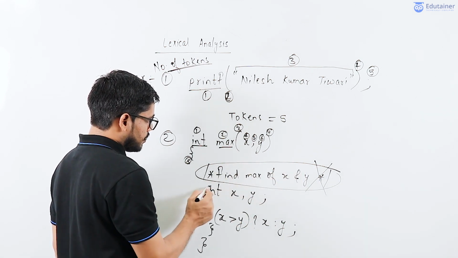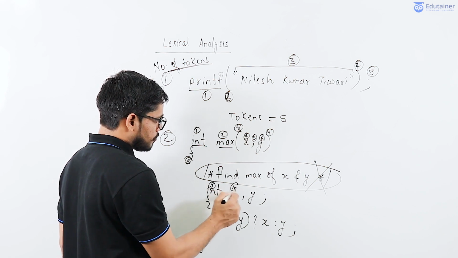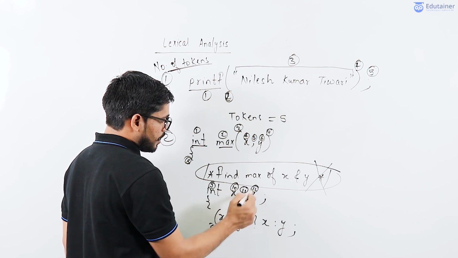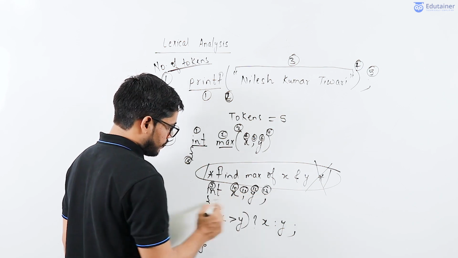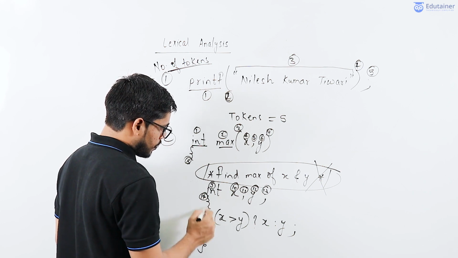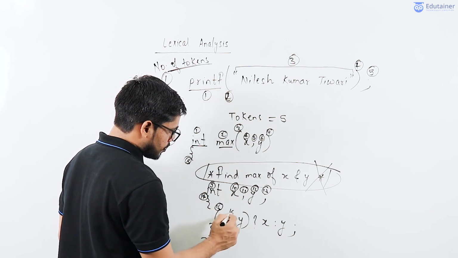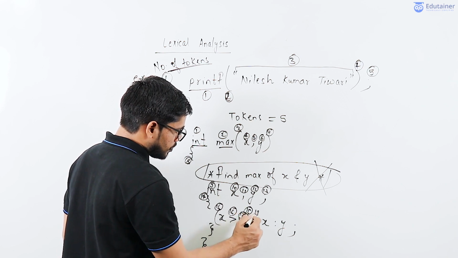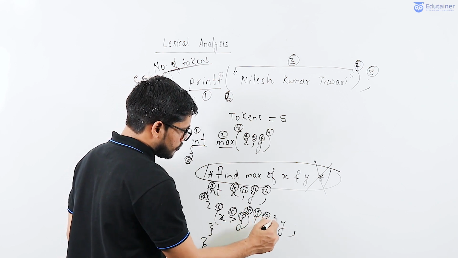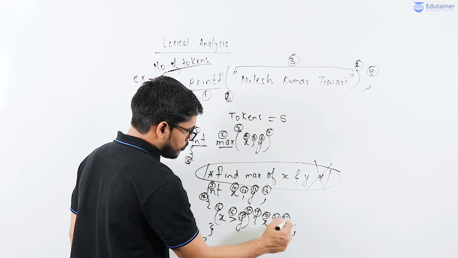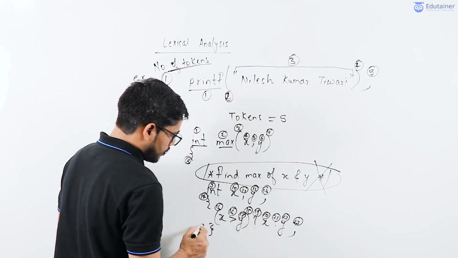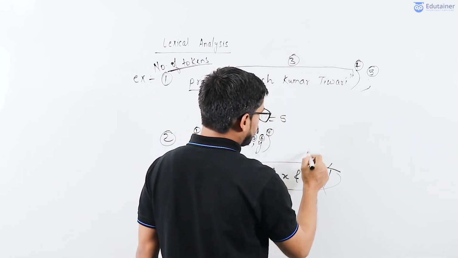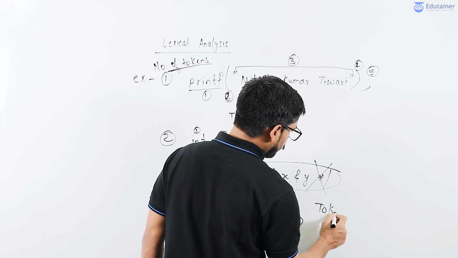After 8 it is 9, 10, comma is 11, y is 12, then 13, 14, 15, 16, 17, 18, 19, 20, 21, 22, 23, 24 and finally 25. So the total number of tokens here is 25.